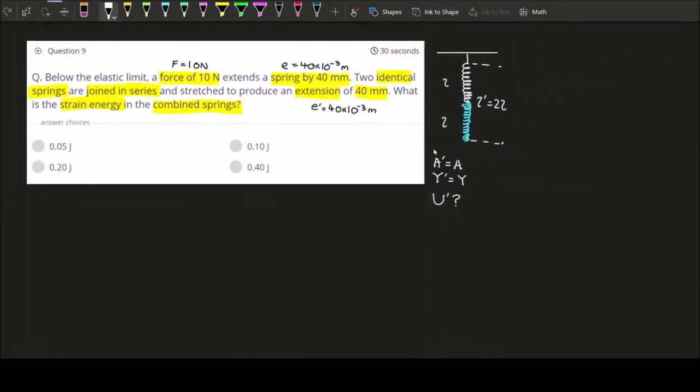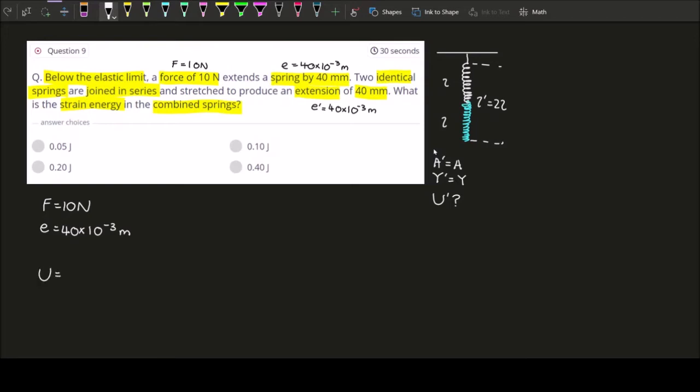Okay, so a force of 10 Newton and an extension of 40 times 10 to the power of negative 3 meter. With that said, I believe you know what we can find right now. It says here it's below elastic limit, so that's validating the fact that we are allowed to use this formula to find strain energy.